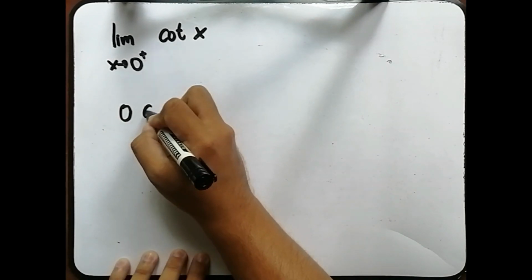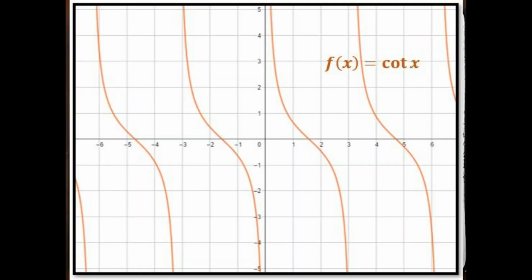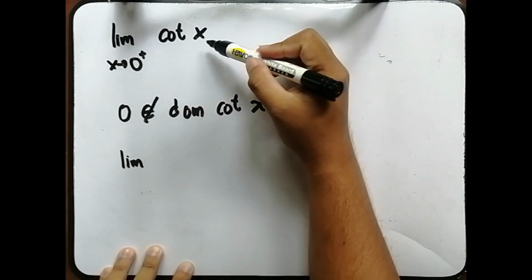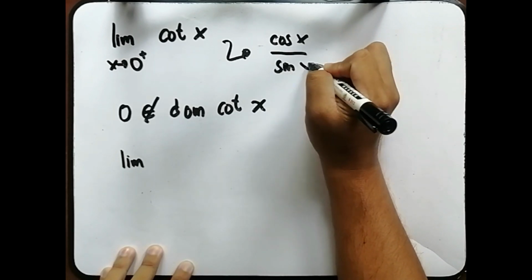Minsan, yung mga limits involving trigonometric functions may result to infinite limits. So this type of limits result to vertical asymptotes. So let's take a look at this example. The limit of cotangent x as x approaches 0 from the right. So we know that 0 is not an element of the domain of cotangent x. Okay? Makikita natin yan sa graph natin. However, pwede natin tong gawing limit of, kasi alam natin cotangent x is equal to cosine x over sine x, right?